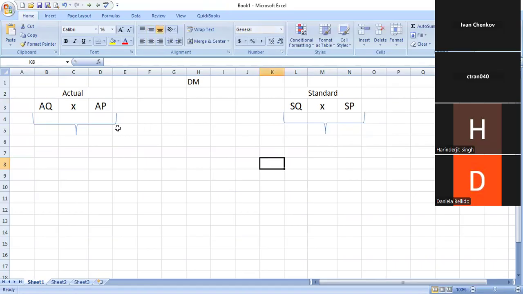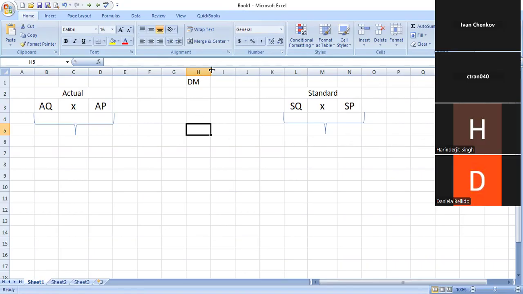The problem is that there is nothing common between this number and this number. So what do I have to do? The simple thing is to do something in the middle. What will that be? Something that has something from this calculation and something from that calculation.